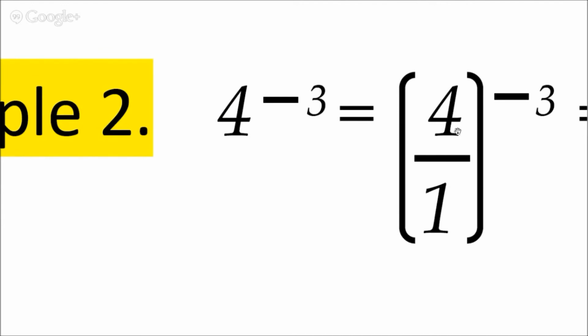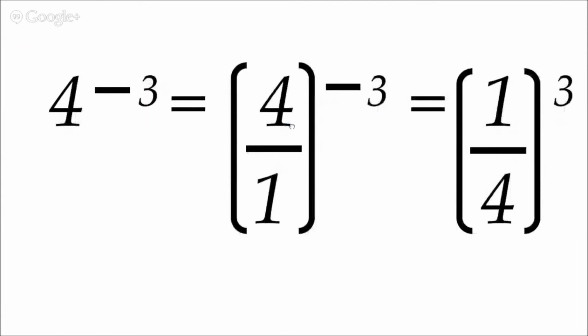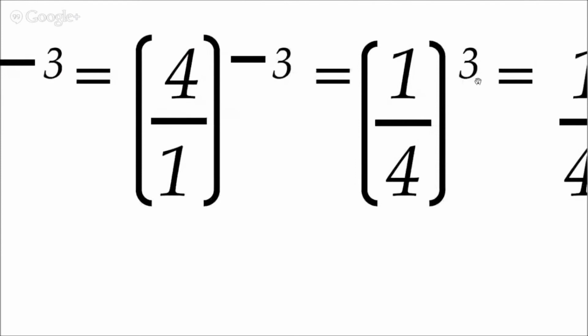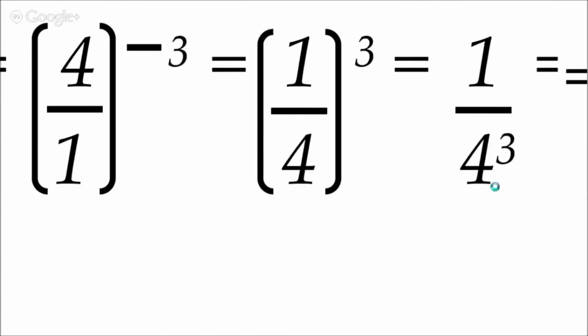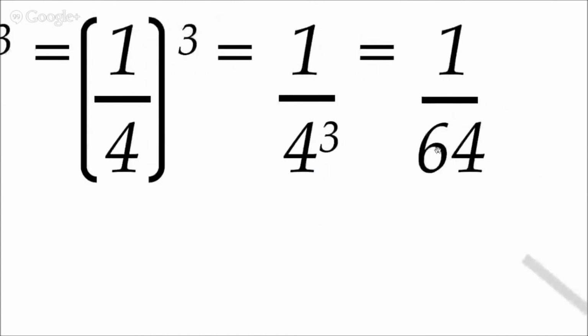So that becomes that, and then after that it's a bit obvious what happens. The 4 over 1, the minus bit does its job to it, so it becomes 1 over 4. The 3 is still there, it has to do its job, so 1 to the power 3 is 1, and 4 to the power 3 equals 64, so this becomes 1 over 64.